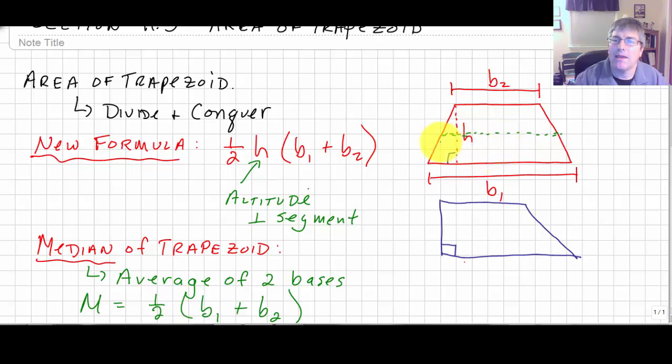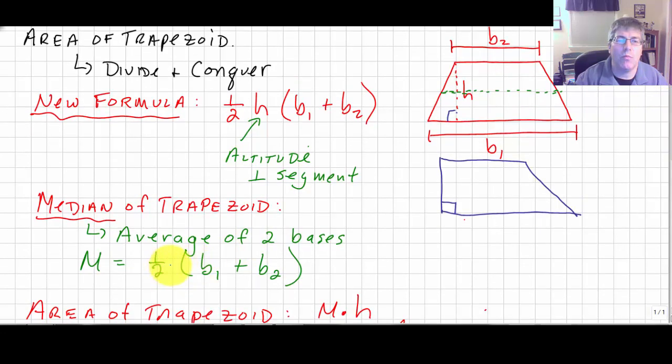Its length is half of the sum of our bases, or the average of our two bases. So the median is 1/2 times (base 1 plus base 2).